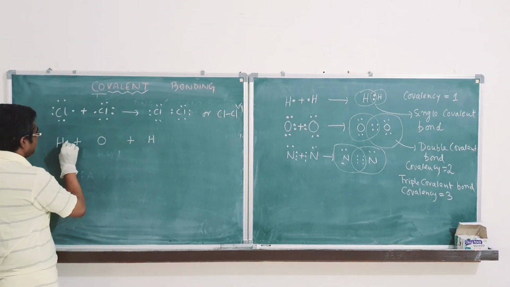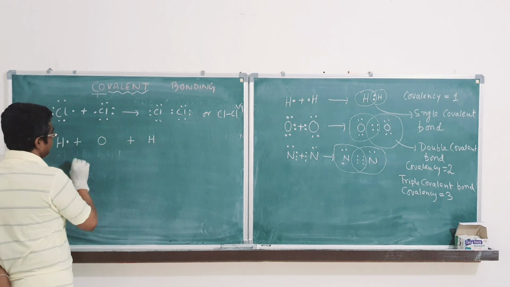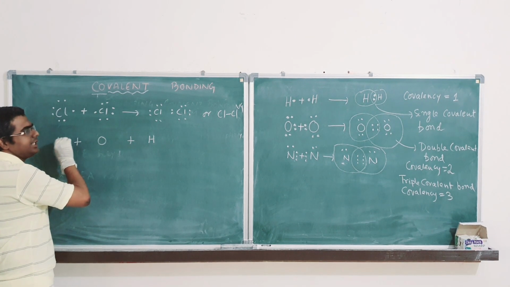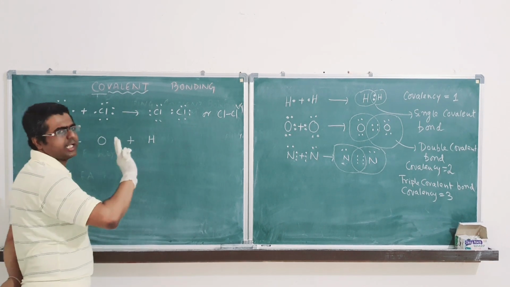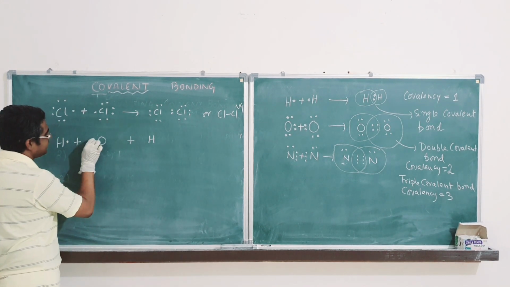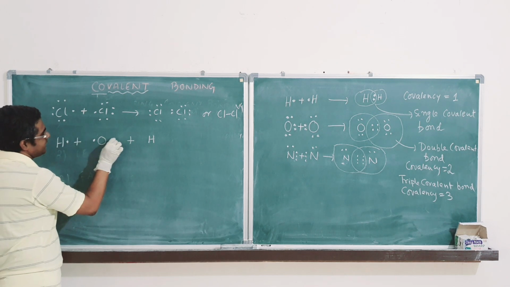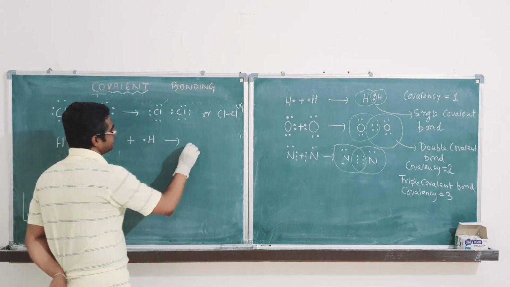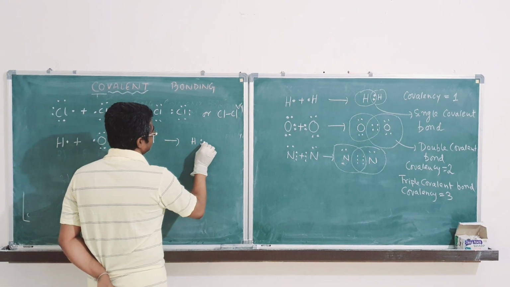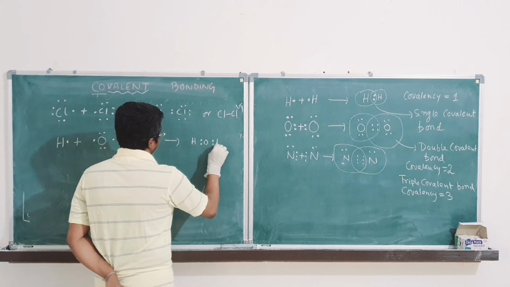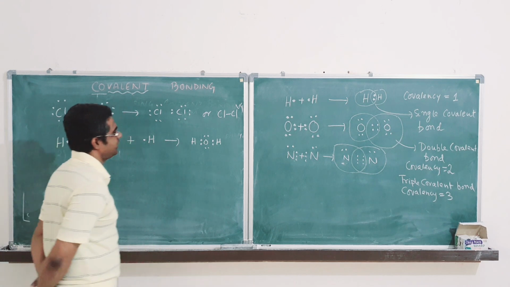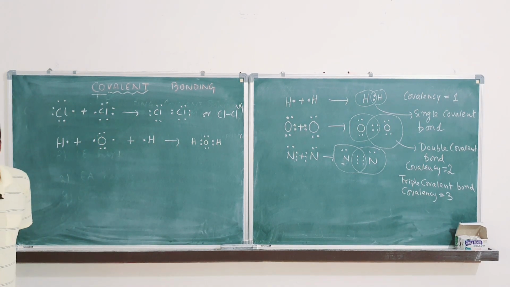Hydrogen has only 1 electron, so it can give only one electron for sharing. The other hydrogen also shares one. The remaining 4 electrons of oxygen will stay like this. So this is the water molecule.